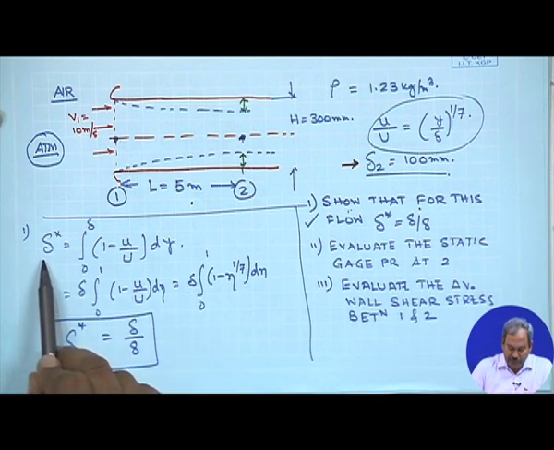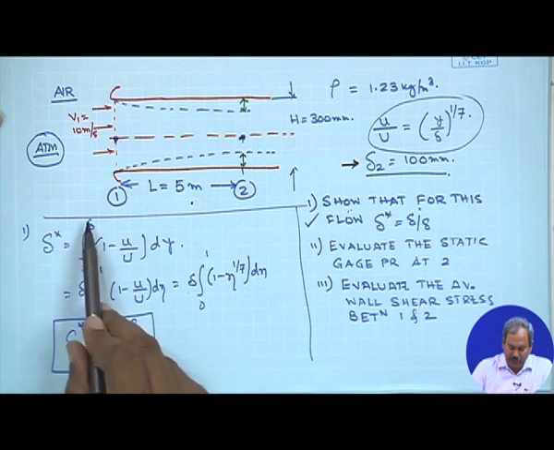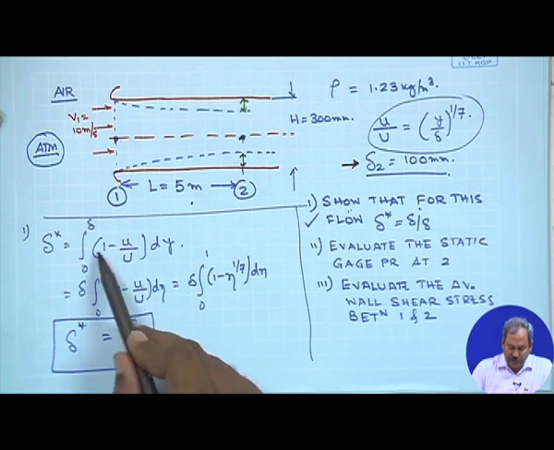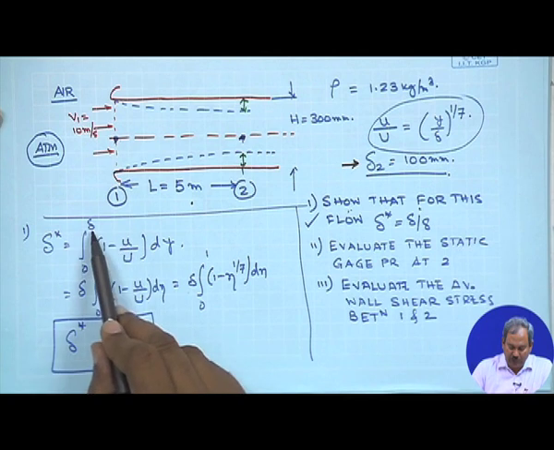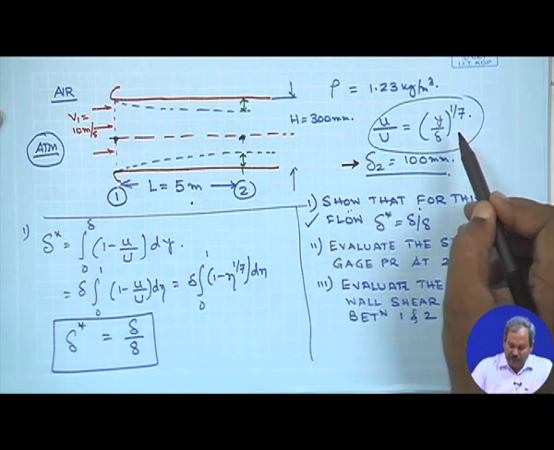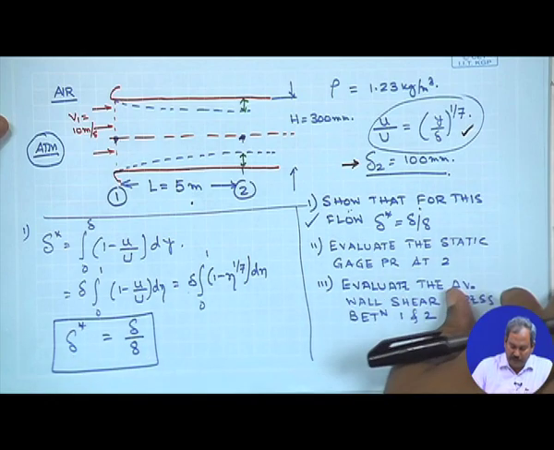We started with the definition of displacement thickness, which is the integral of 1 minus u by U from 0 to delta, because beyond delta u is equal to capital U, and therefore there is no contribution to the integration for y greater than delta. We plug in the expression of u by U and simply obtain the relation that delta star is equal to delta by 8.